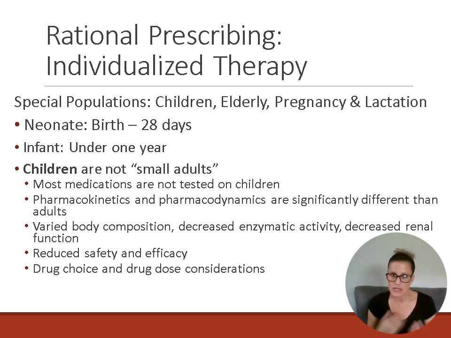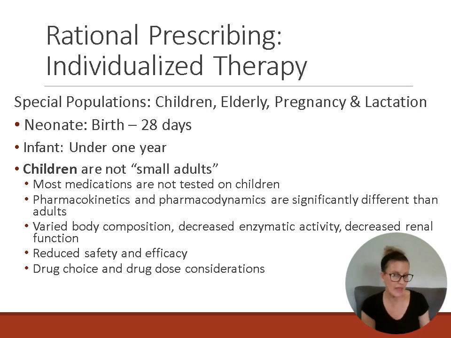Children have decreased enzymatic activity. So that means there's decreased drug metabolism. They have decreased renal function. Children get to adult clearance rates at about 3 years old.